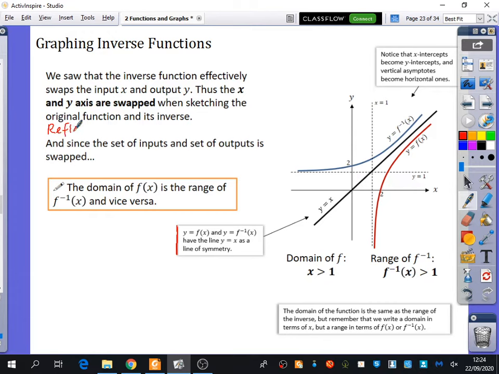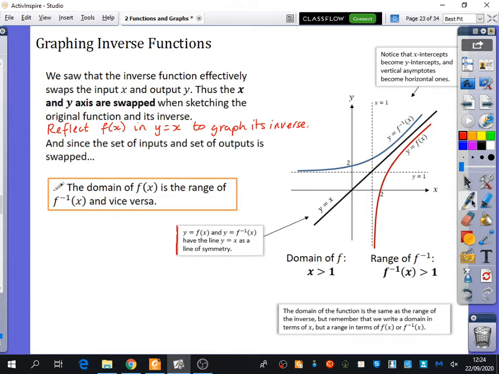So we can reflect f of x in y equals x to graph its inverse. Kind of a weird idea, but the swapping of the x and y was the swapping of the x and y coordinates. And even if you just think of some random point, like the point 3, 10, if you swap x and y, it becomes 10, 3, which is a reflection in the line y equals x.